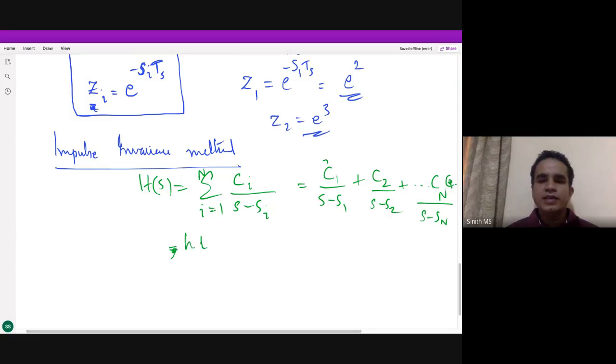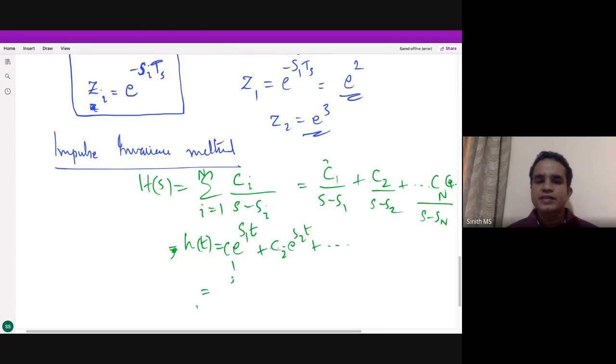You find h(t) corresponding to this. For that, you take the inverse Laplace transform, assuming the Laplace transform is unilateral. So this becomes C1 e raised to s1 t into u(t), plus C2 e raised to s2 t, and so on.